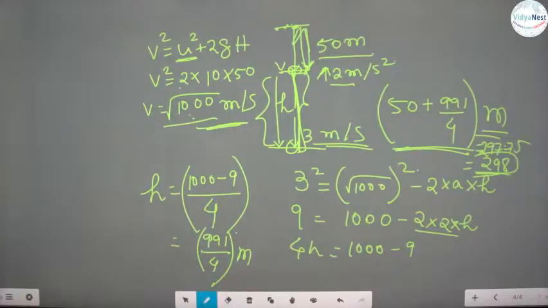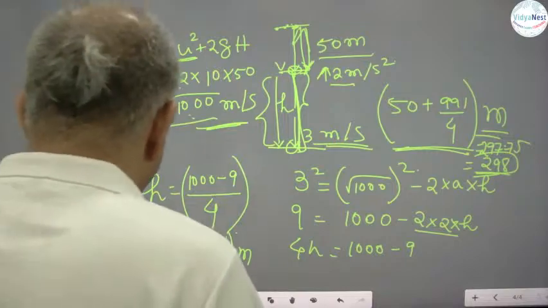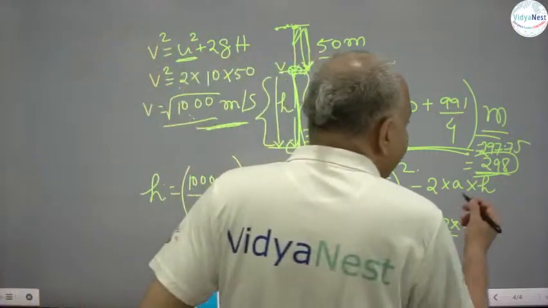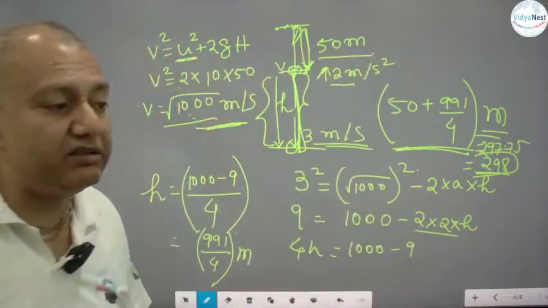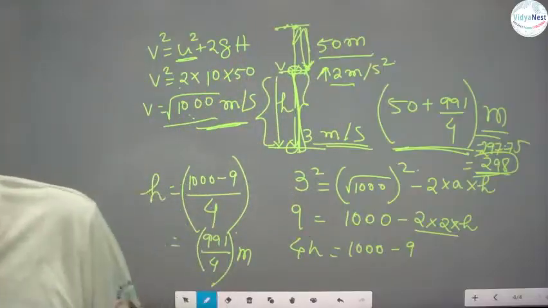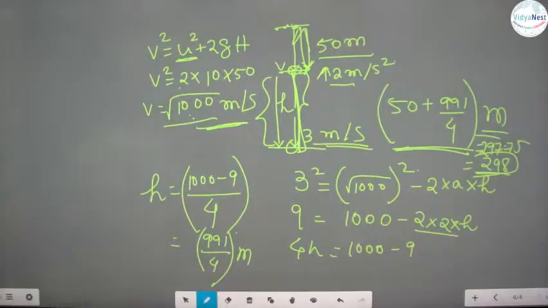So in this question, we can say that the parachuter has jumped from a height of 298 meters above the ground. I think, children, this question is clear to you, isn't it? Okay, very good, very nice.